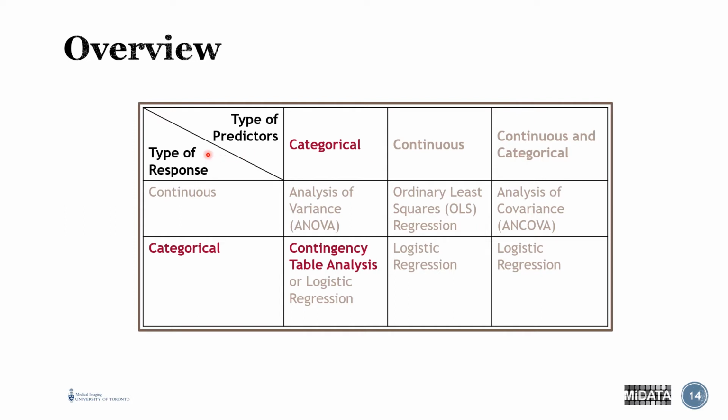As rows, we have the type of response, which is also the outcome or the dependent variable. We can have a continuous dependent variable, or we can have a categorical dependent variable. As we are talking about categorical data today, this is the reason that it's highlighted in red here, both categorical response and a categorical predictor. And what are we going to look at? What's called contingency table analysis.